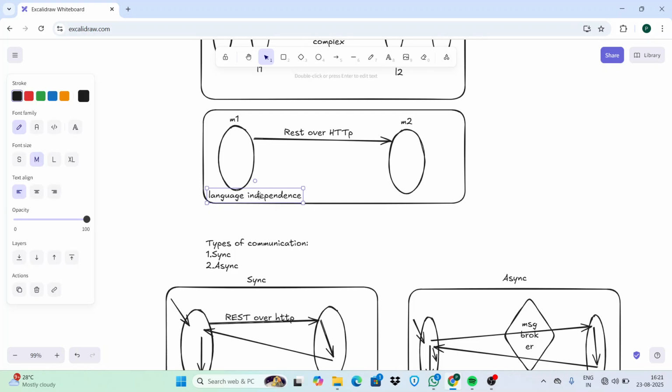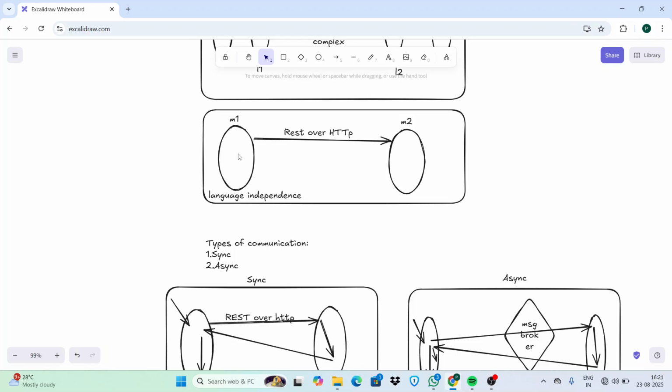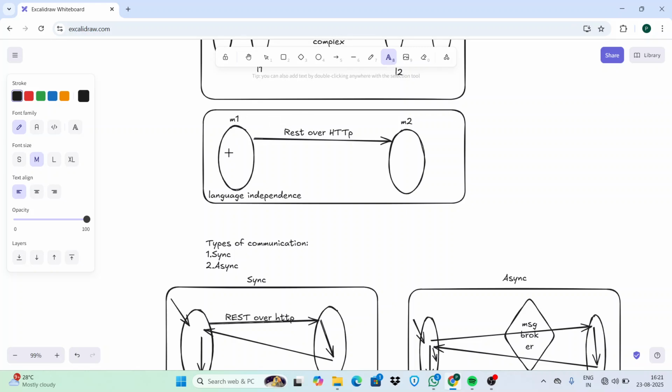It gives the advantage of language independence. What does it mean? M1 can be designed in one language, for example Spring Boot, or we can say Java. M2 can be designed in another language, Golang. Yes, it brings the language independence concept into the picture.